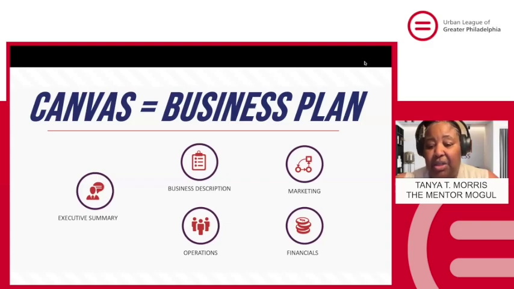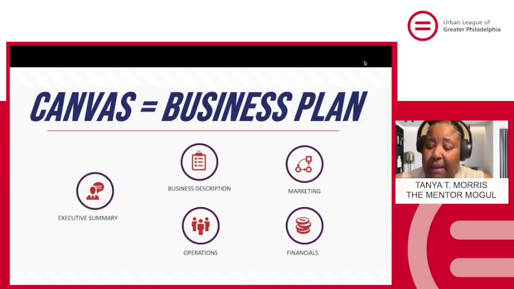Basically, you would take parts of the canvas and use them to tell your business story. From the canvas you get your business description, which would be your value proposition, as well as all of the things on the left hand side: key resources, key partners, key activities. Those are the descriptions of your business, right?